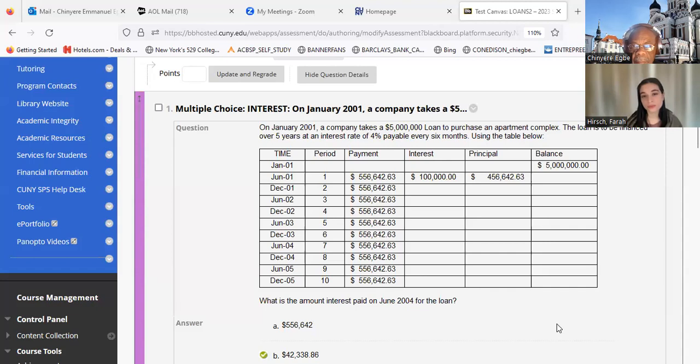Yes, only mine doesn't have the payment, interest, principal, and balance labeled. But this is the one I was asking about, I believe. When it showed on my end, it only had time and period marked, and payment, interest, principal, and balance were blank, with no labels.